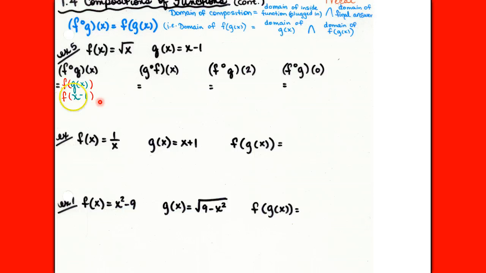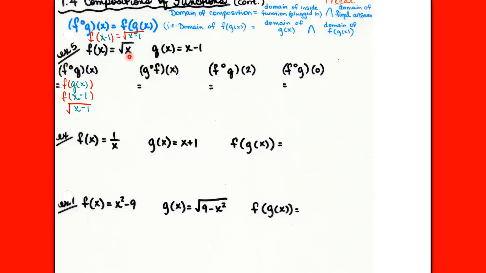If they give me f of x minus 1, that just means put x minus 1 in the place of x in the f function. That would just give me the square root of x minus 1. And that's a composition. That's all there is to it.